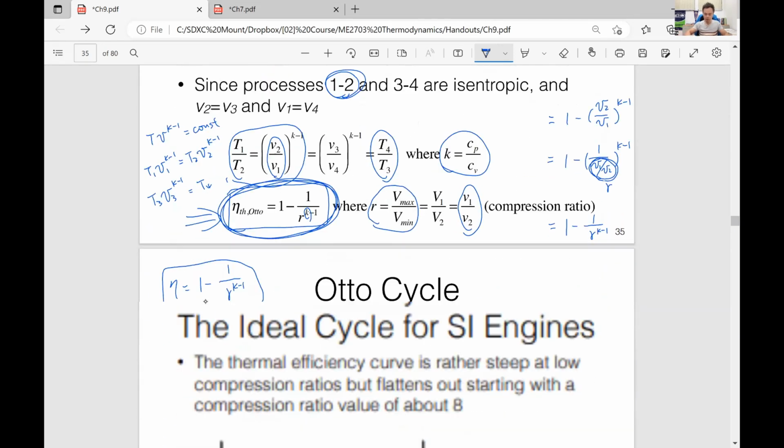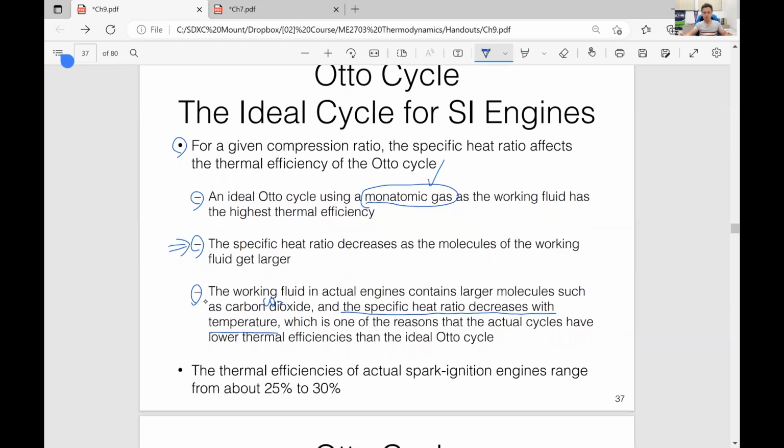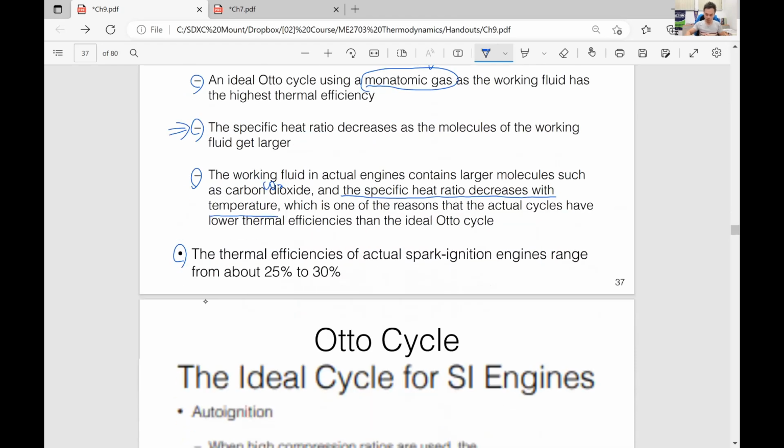So this is actually the major reason that actual cycles have lower thermal efficiency than the ideal cycle, because the temperature is much higher than what we assumed. We used the cold air standard assumption to derive the efficiency of an ideal Otto cycle. All right. The thermal efficiencies of actual spark ignition engines range from about 25% to 30%. Maybe it's higher now, but not by too much.